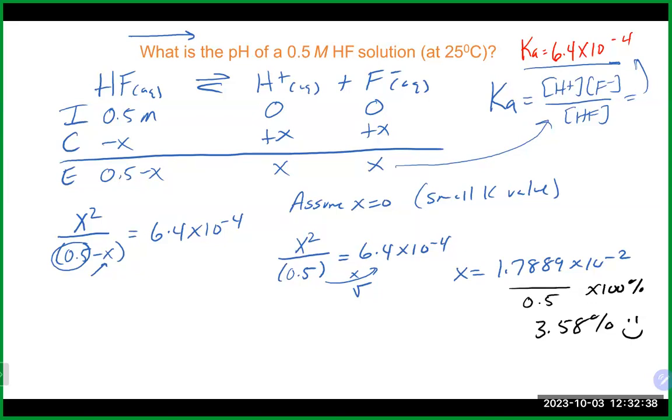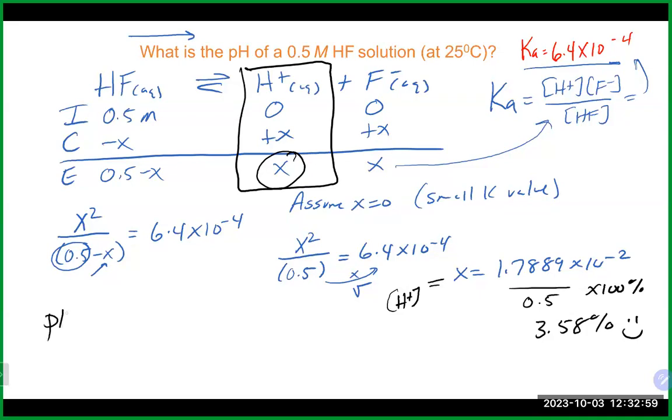As we talked about, in this case we're interested in the pH, and the only thing that's really of interest for us in this problem in the ice table is H plus, which we can see here is the X value. That means this X value also equals our H plus concentration.